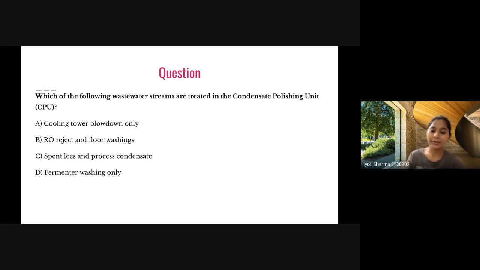So Dia gave me C. Venkateshwar also gave me C. So yes, in the condensate polishing unit, we can treat spent lees and process condensate, under this CPU.